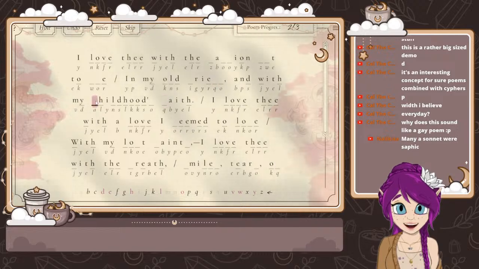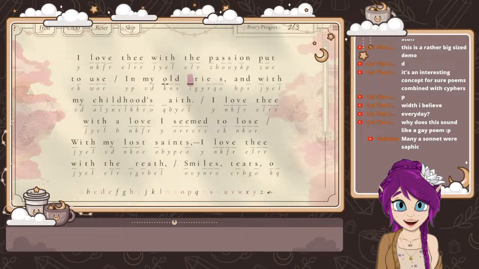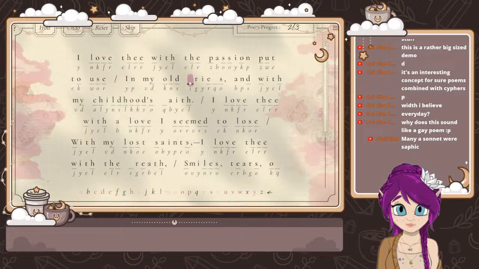Childhoods. This is childhoods. Passion. Put to use. I love thee with the passion put to use, in my old something. And with my childhood's faith, in my old friend.